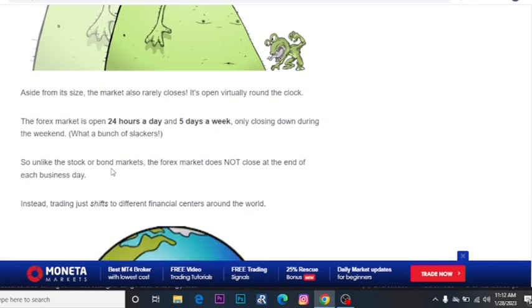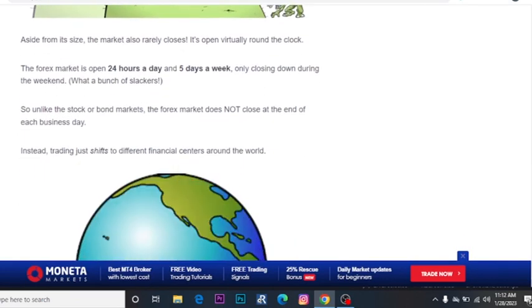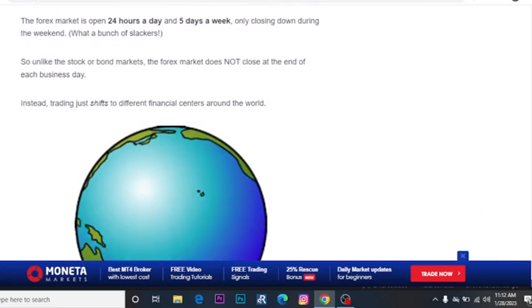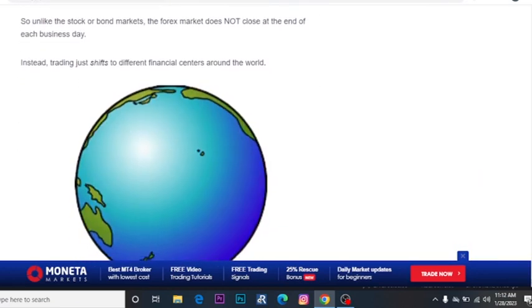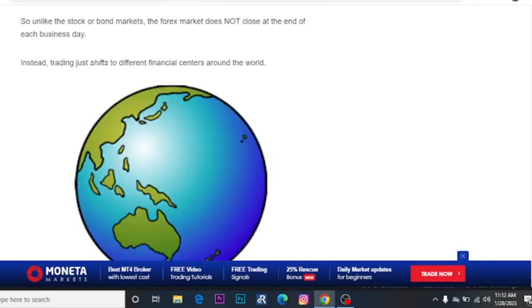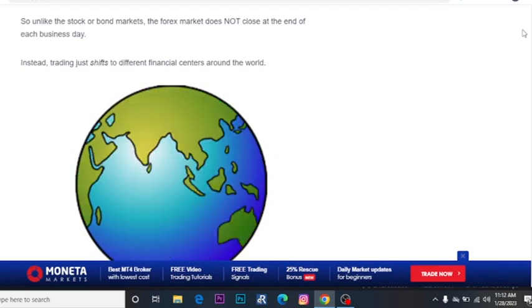Unlike the stock or bond markets, the Forex market does not close at the end of each business day. Instead, trading just shifts to different financial centers.